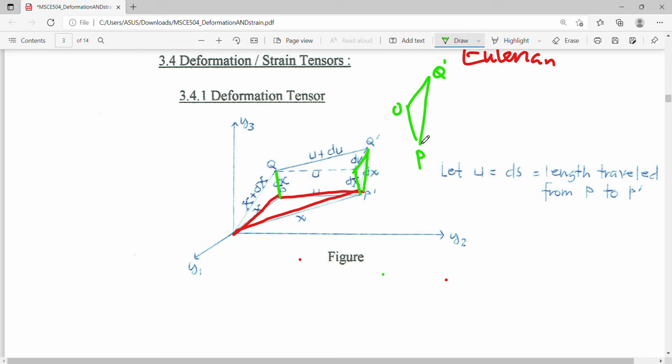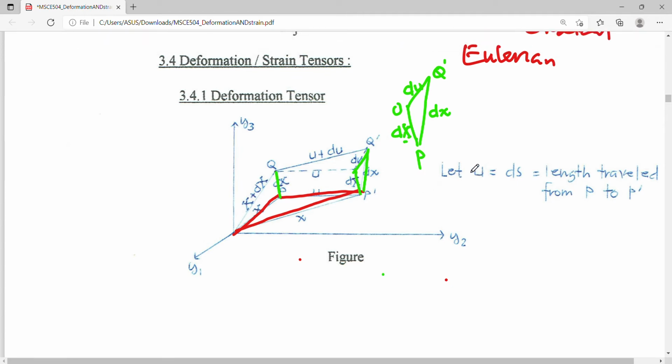So this POQ prime here represents the differential vectorial motions in terms of the Eulerian, Lagrangian, and the resulting differential displacement du, where differential displacement here du can actually be assumed to be the length traveled from P to P prime, okay?